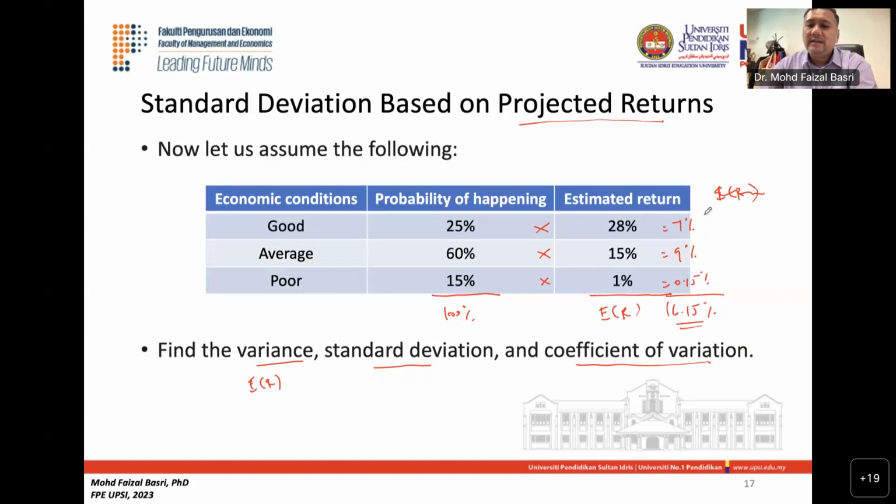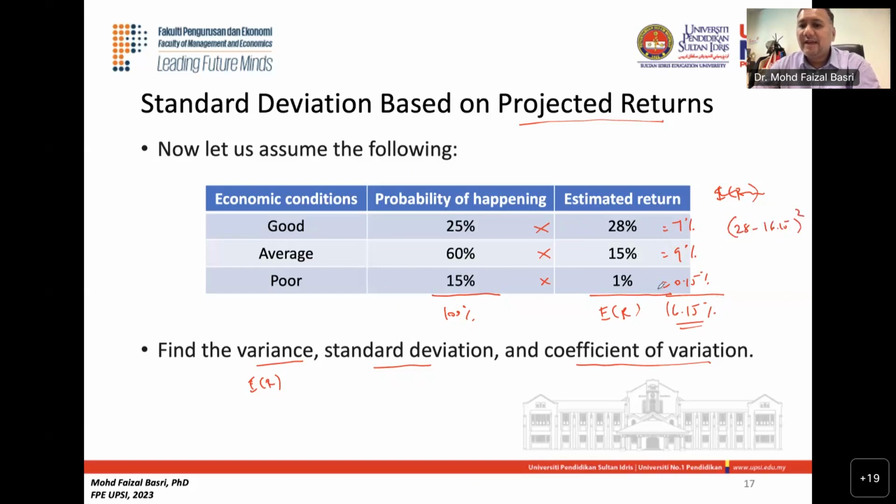For variance, again, similar to our earlier example, we take the difference. If I put a bracket here for variance, it is 28% minus 16.15, the average, squared.